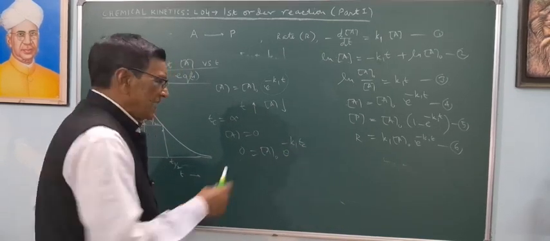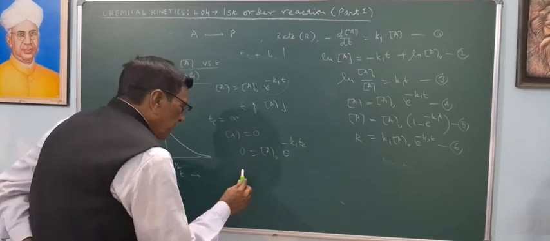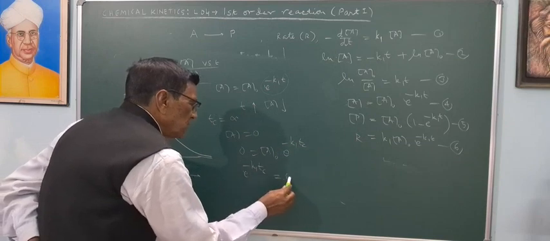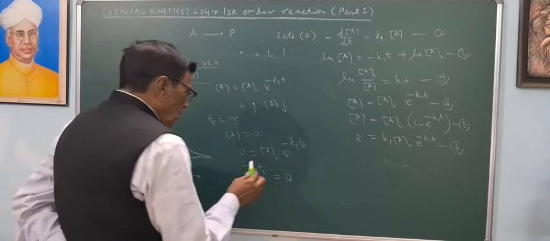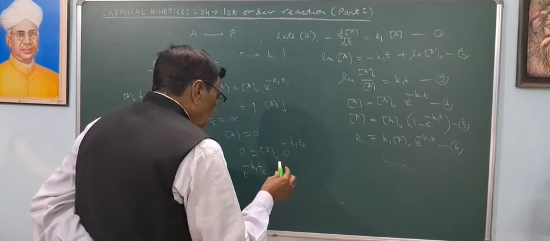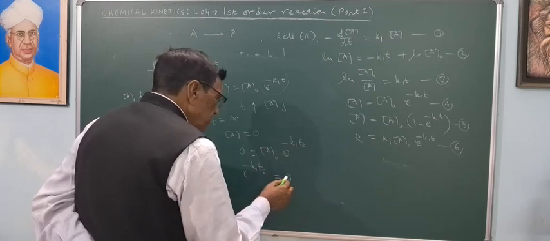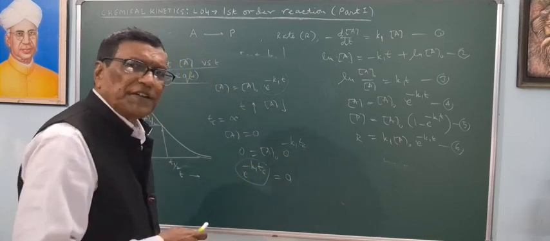At completion time, the concentration of A equals 0. So e to the power minus K1 Tc equals 0, which means this term will be 0 only when Tc equals infinity.